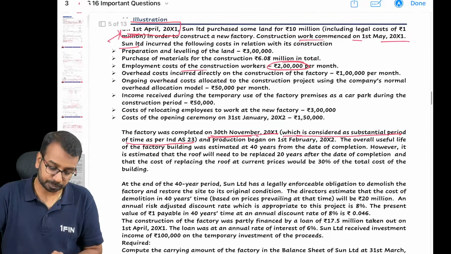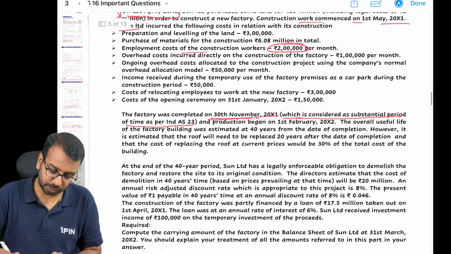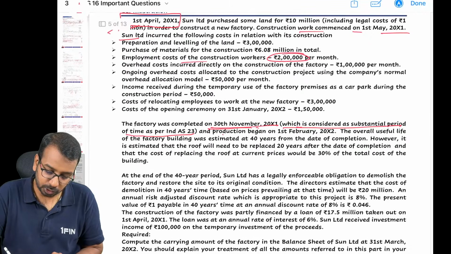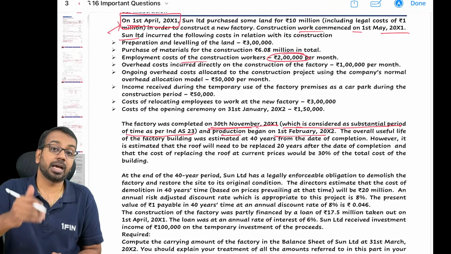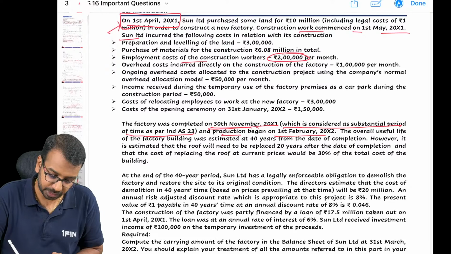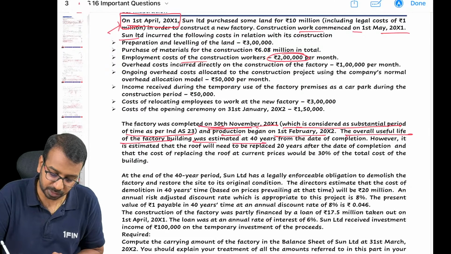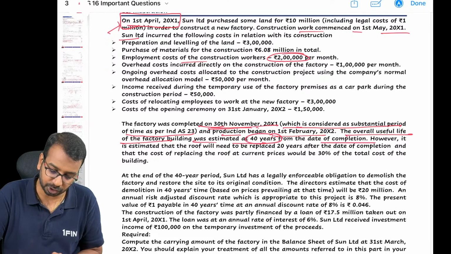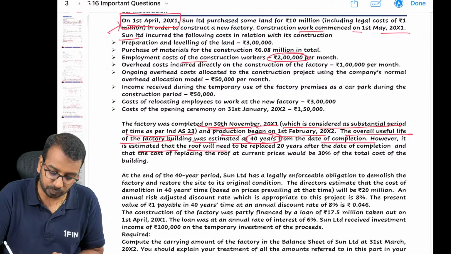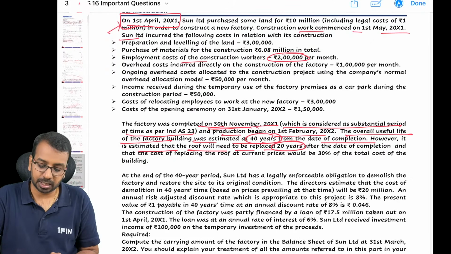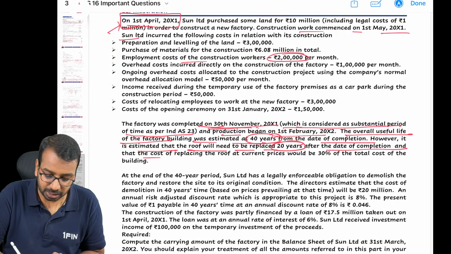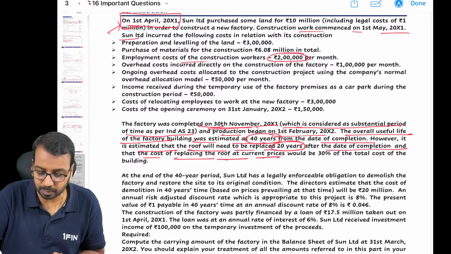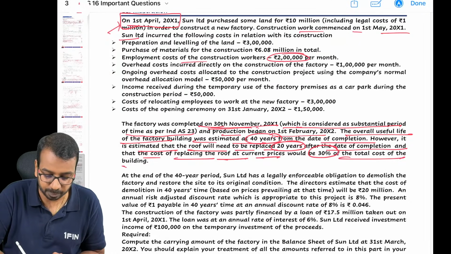Now, here one more thing you have to understand is, the production began on 1st of February, that is when actual usage happened. The factory was completed on 30th December. Overall useful life of the factory was estimated at 40 years from the date of completion. However, it is estimated that the roof will need to be replaced 20 years after the date of completion, and the cost of replacing the roof at current prices would be 30% of the cost of the building.